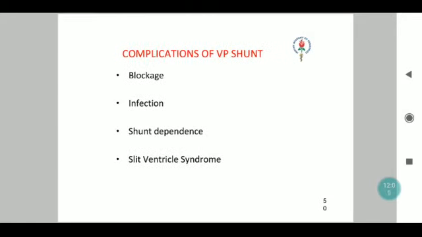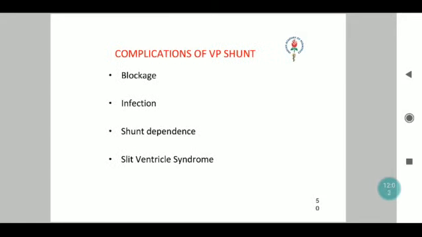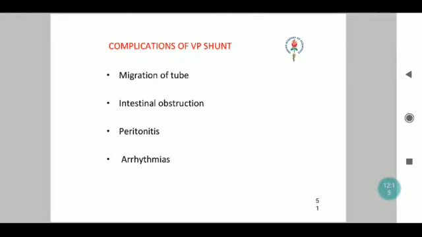Like I mentioned earlier, complications of these shunts include blockage, infection, shunt dependence, and slit ventricle syndrome. So it's important to know the complications to watch out for and counsel on these warning signs to look for in these children. Other somewhat rare complications include migration of the tube, intestinal obstruction, peritonitis, and arrhythmias.